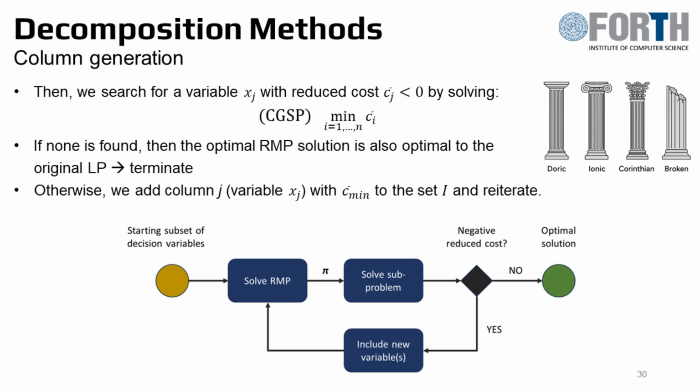We begin with a starting subset of decision variables. We solve the restricted master problem. We solve the subproblem to check for a negative reduced cost. If no such column exists, we stop. The solution is optimal. If a negative reduced cost column exists, we include the new variable and repeat the process. This continues until no improving column can be found.